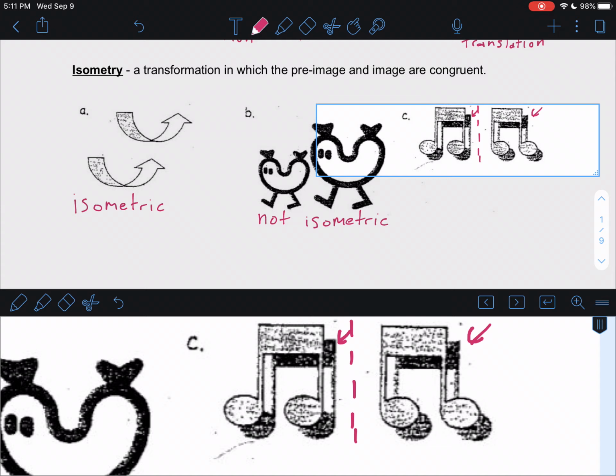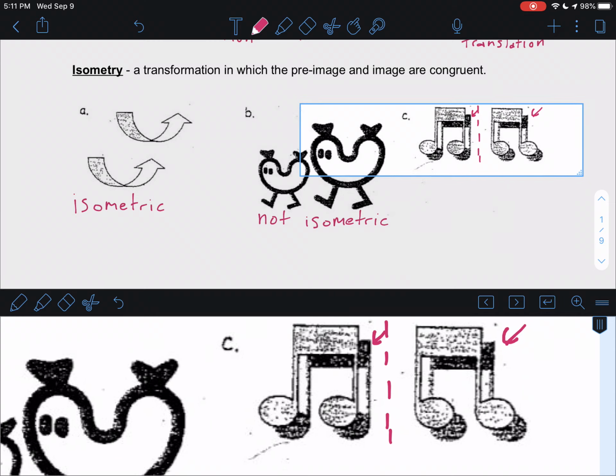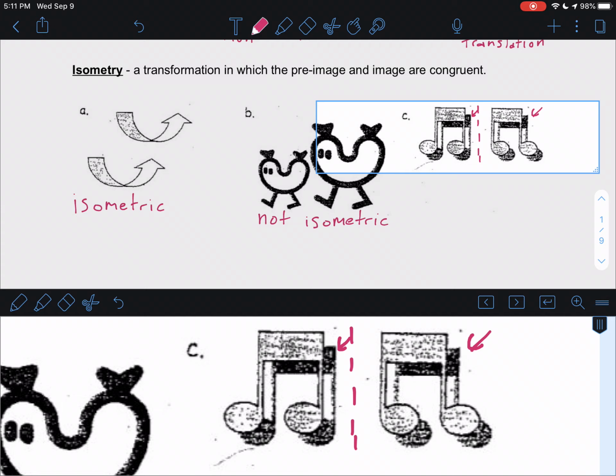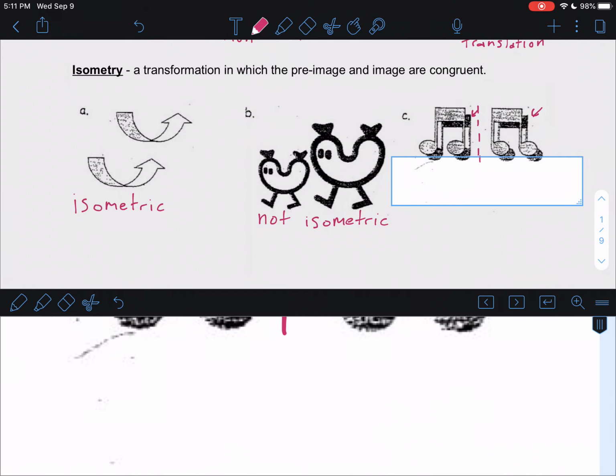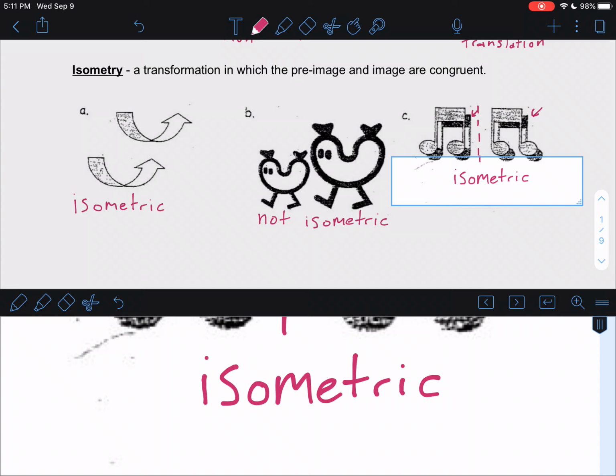But anyways, I assume we're just talking about this music note itself, not its shadow. So it got reflected, but it still preserved the same shape, the same size, and the same angles. Therefore, reflection is isometric. If we ignore the shadows, of course.